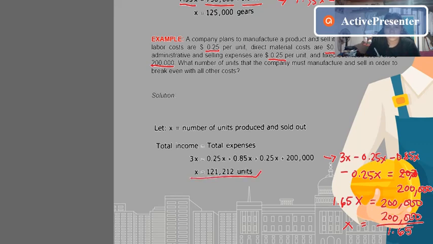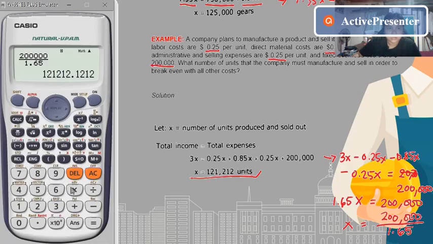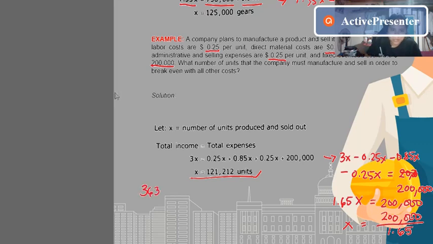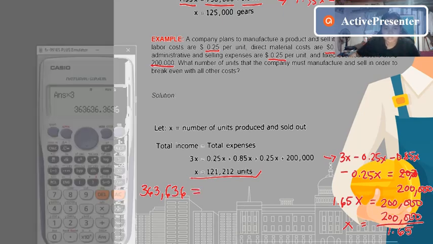So therefore, our total income, we multiply this by 3, will be 363,636. That is our total income, and it should be equal to our total expenses.